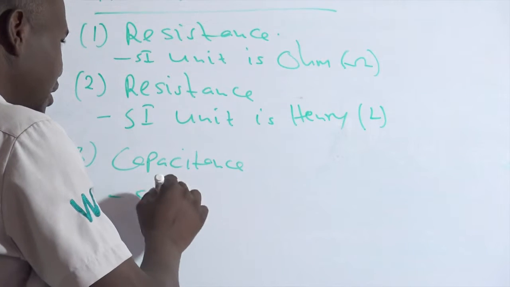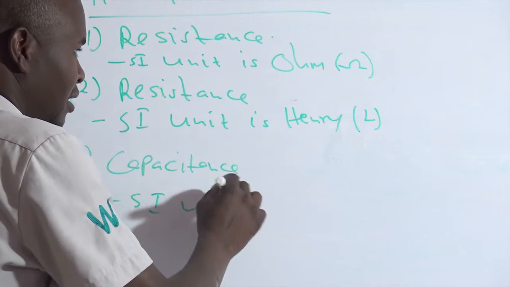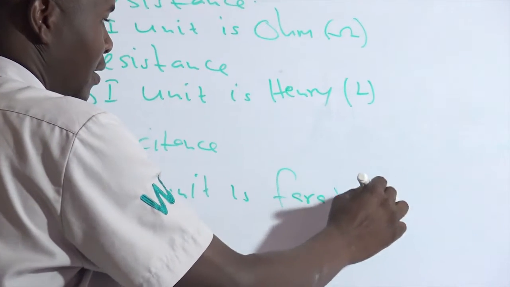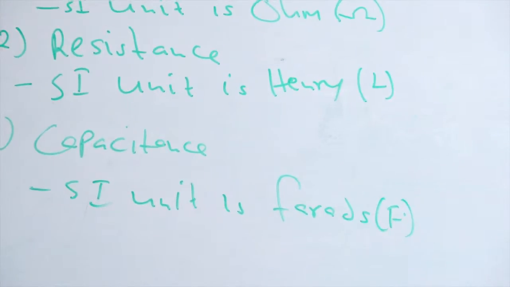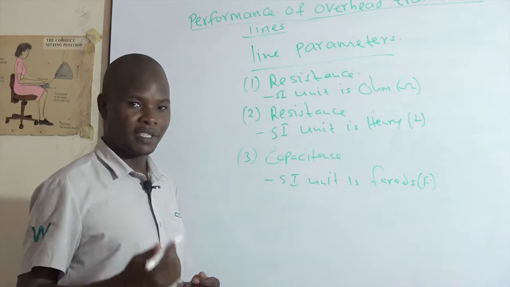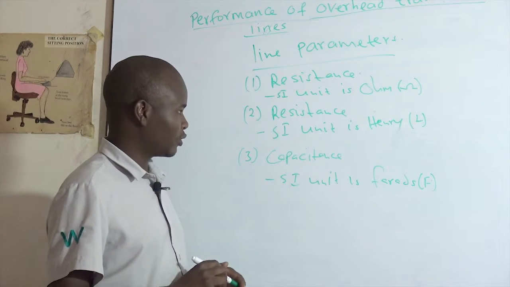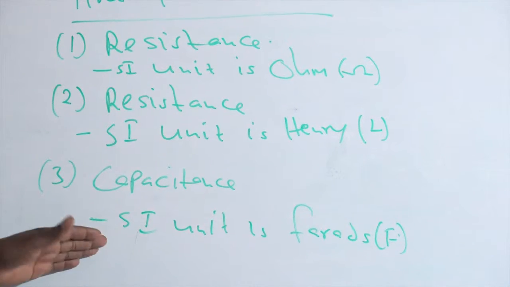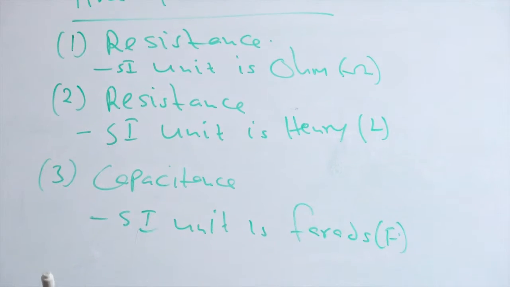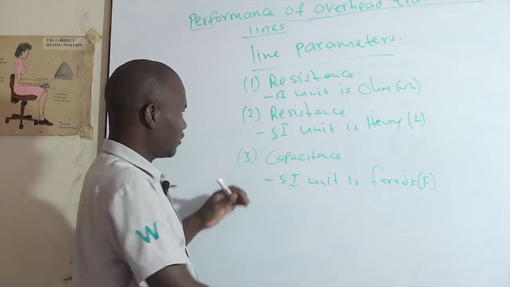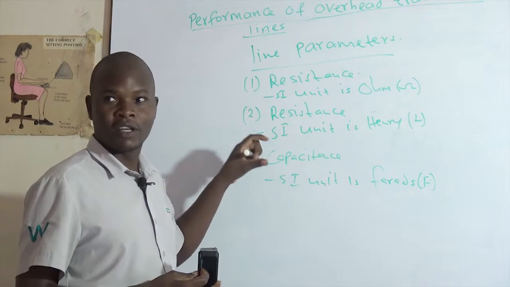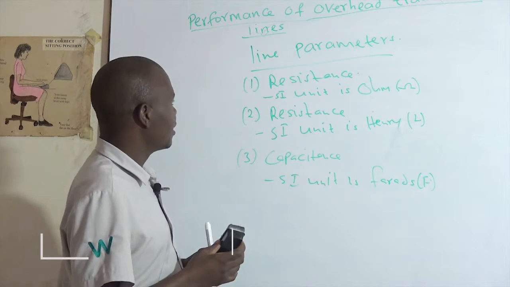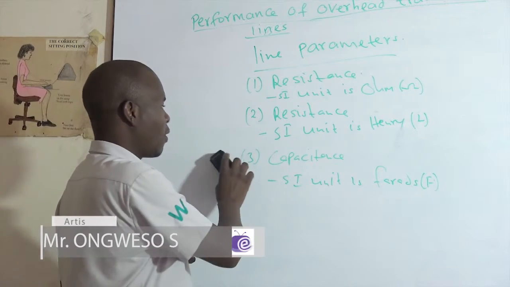Its SI unit is farads. So these are the three elements which affect the transmission of electrical energy. There are three. Now, after we have catered for all of this, we can analyze them one by one.